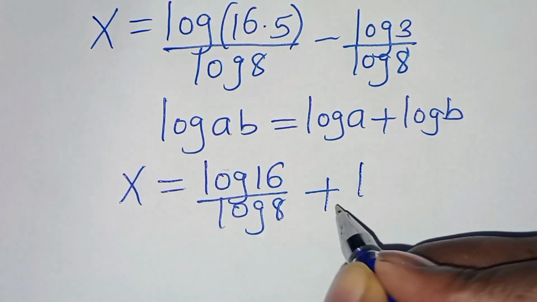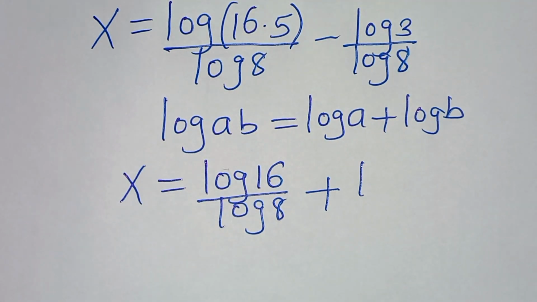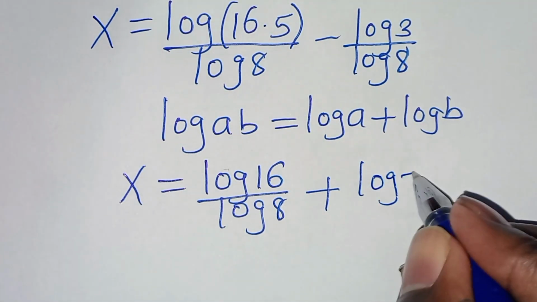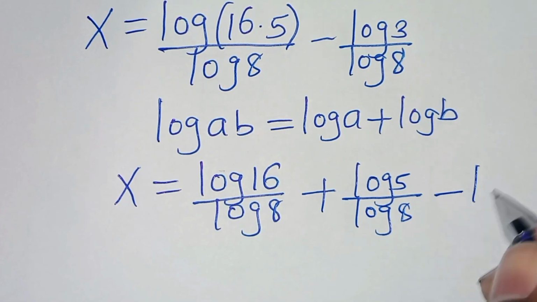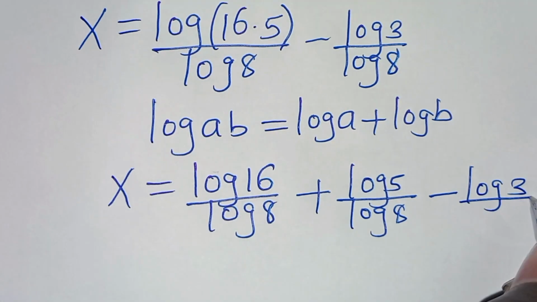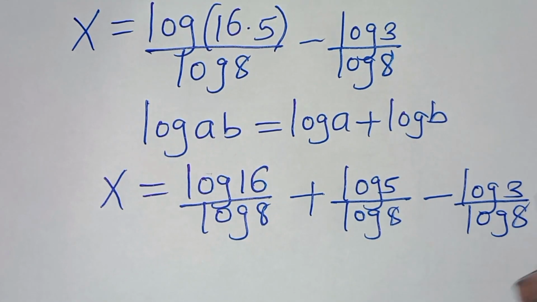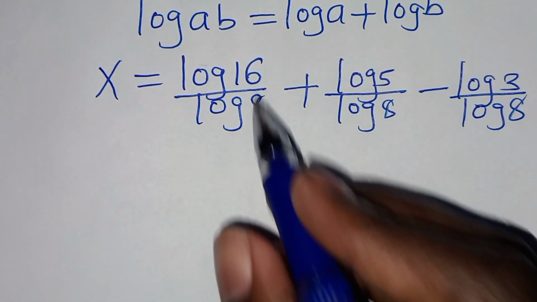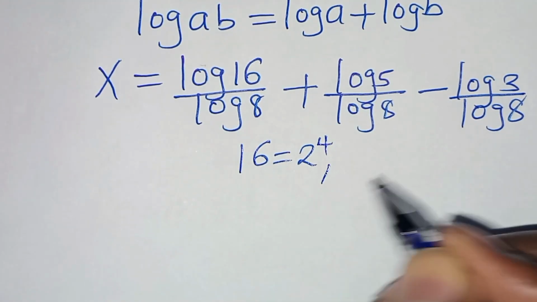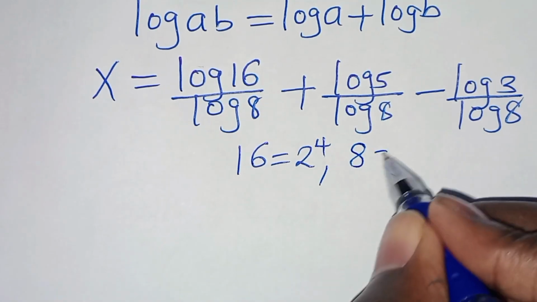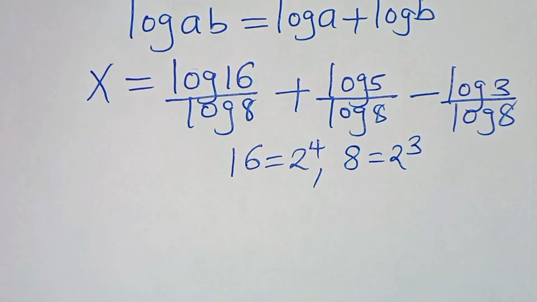plus log 5 divided by log 8, then subtract log 3 divided by log 8. Now, the next step is that we can express 16 as 2 to the power 4, and we can express 8 as 2 to the power 3.